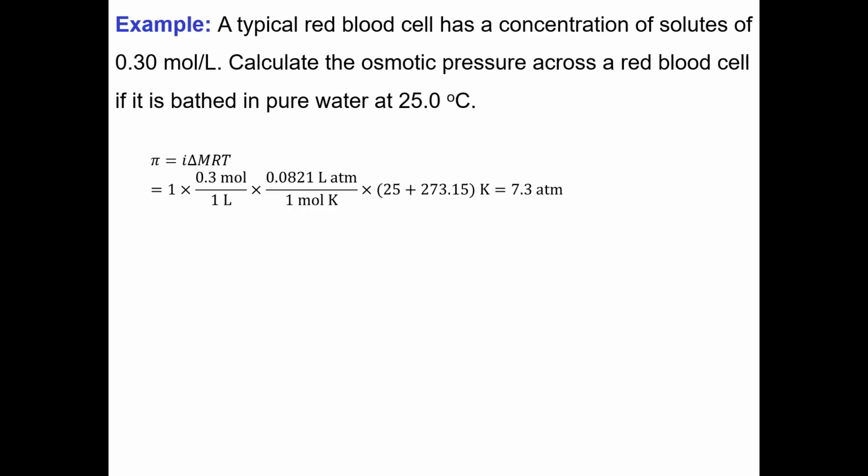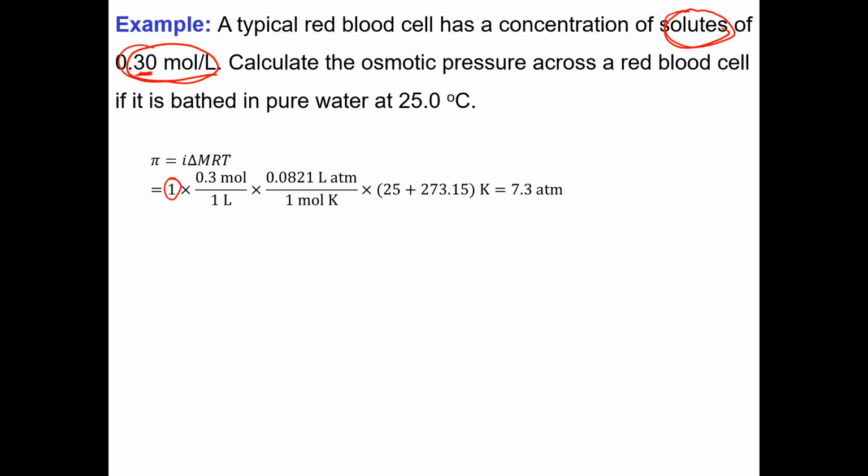Because they just said the concentration of solutes, rather than talking about electrolytes and non-electrolytes and complete dissociation and all of those things, we're going to assume that we don't need to take into account the Van 't Hoff factor, and that the concentration 0.3 here represents everything in solution completely dissociated. So for that reason, I've put 1 in here as the Van 't Hoff factor.